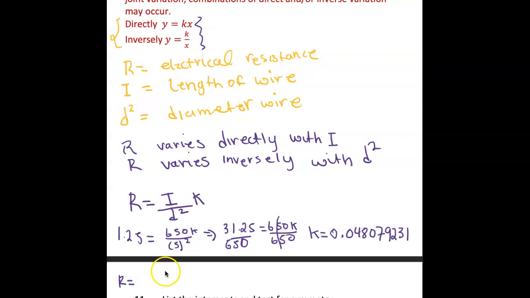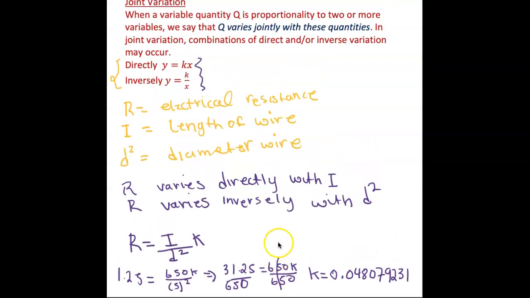R equals, and then we have to write the big decimal again, 0.048079231 over the square, and then this is, remember, the I. Okay, now that we know that, we can go ahead and find the information.